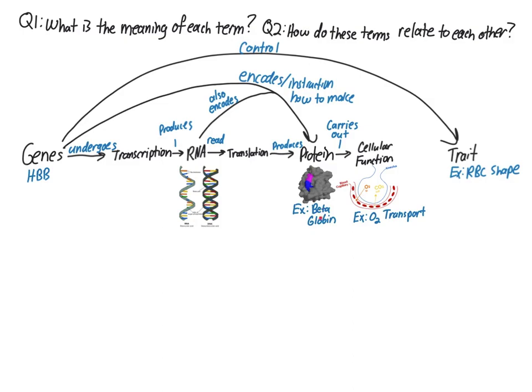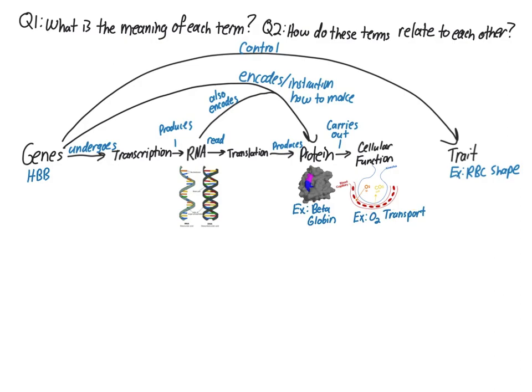So the function of the beta globin protein encoded by the HBB gene is in oxygen transport. However, sometimes we'll just say that the function of a gene, in this case the function of the HBB gene, is oxygen transport, always with the understanding that it's actually the protein that's doing the work.